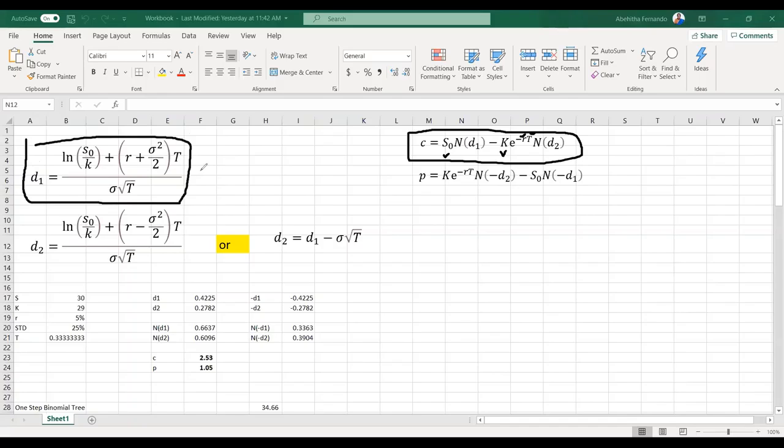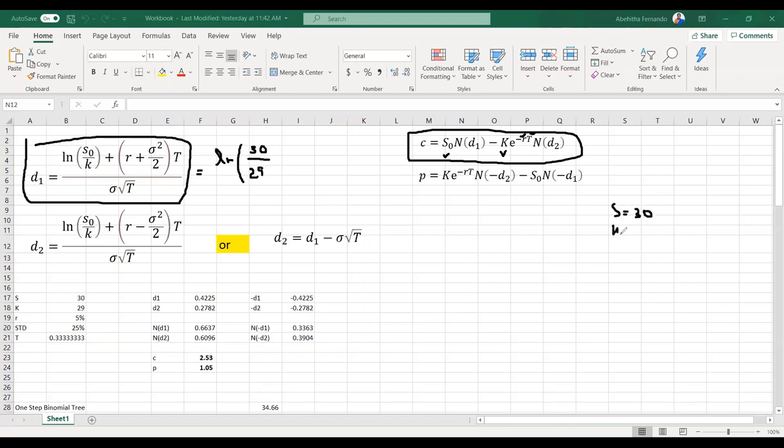So calculate and tell me the value of d1 that you get. Take ln of S0. The stock price was given to us as 30, divided by the exercise price, which was given as 29. I will write the information that was given over here. The stock price is 30.